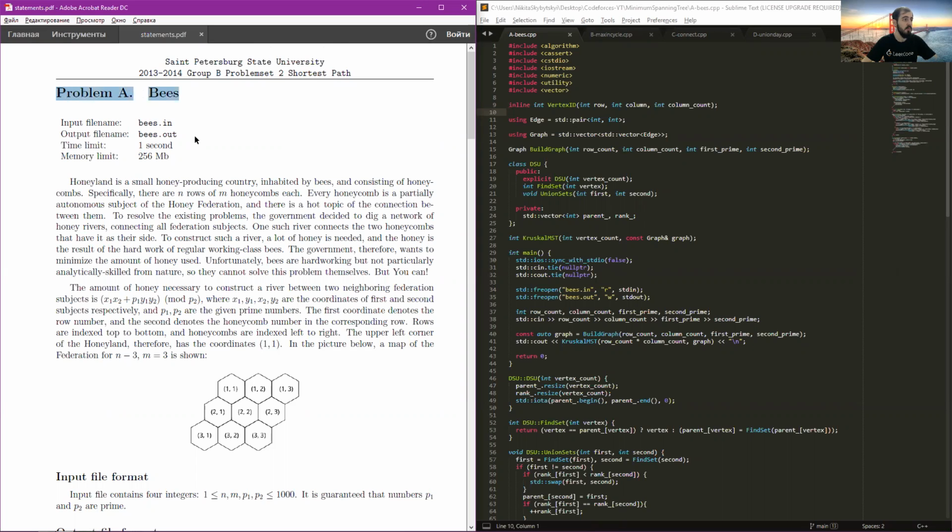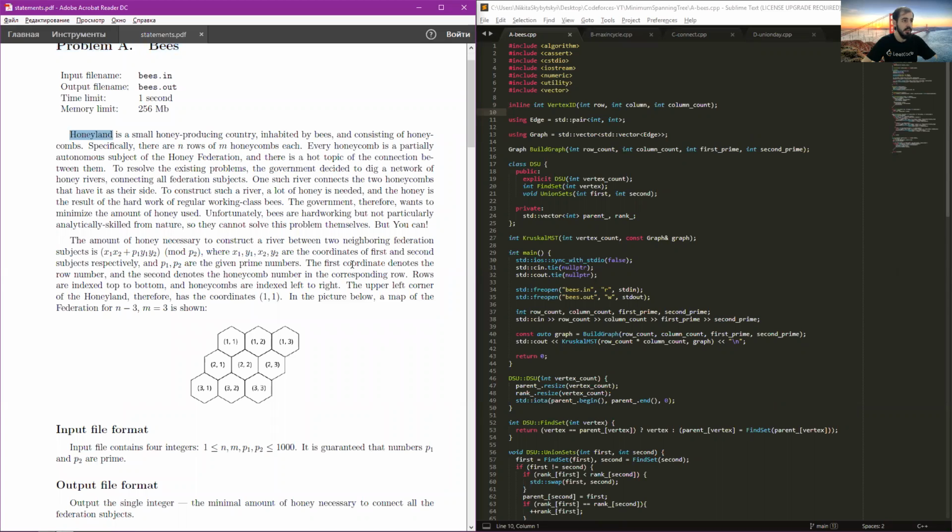So in the first problem, we have Honeyland. Honeyland is some sort of kingdom or federation, I believe. It has a grid structure, and you want to connect neighboring honeycombs, and you are given a formula that gives the length of the edge.